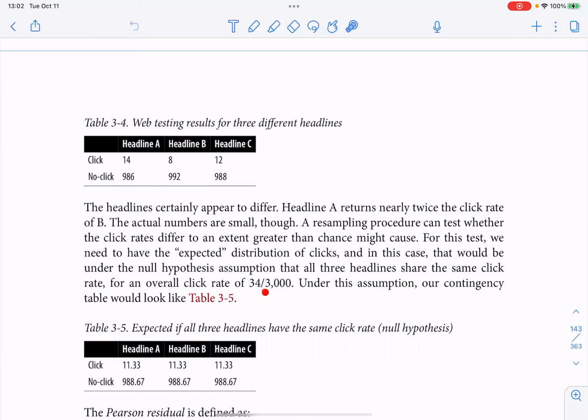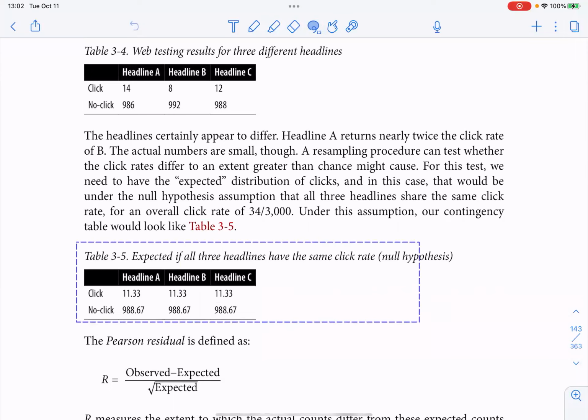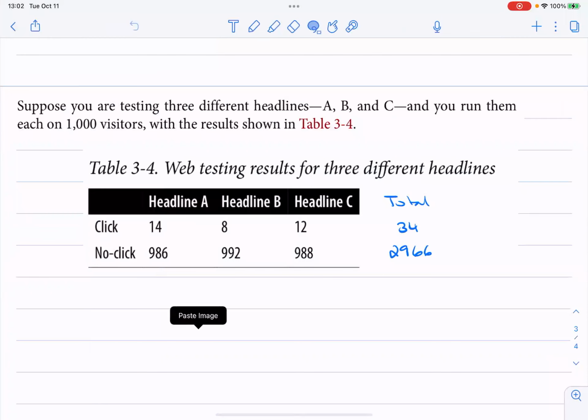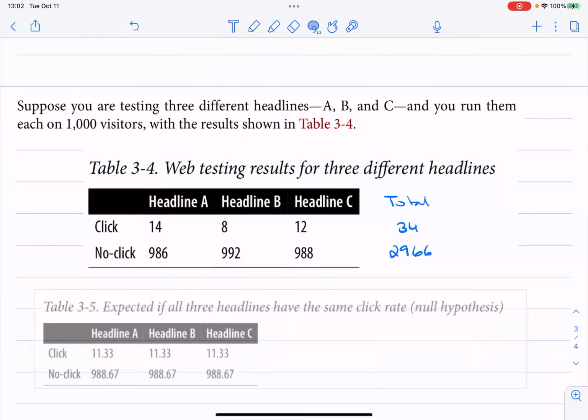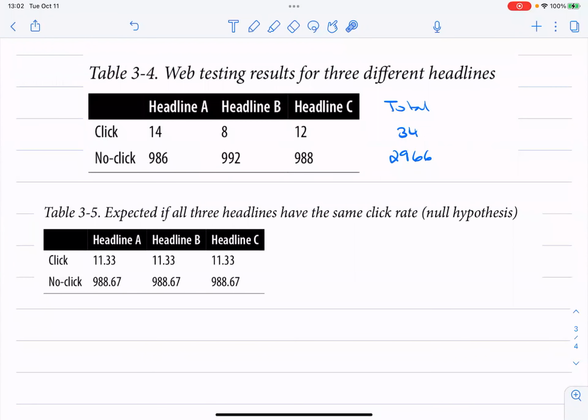So our expected counts would look like this: 11.33, which is 34 divided by 3.